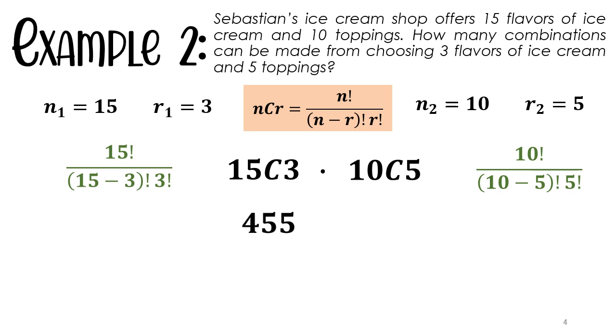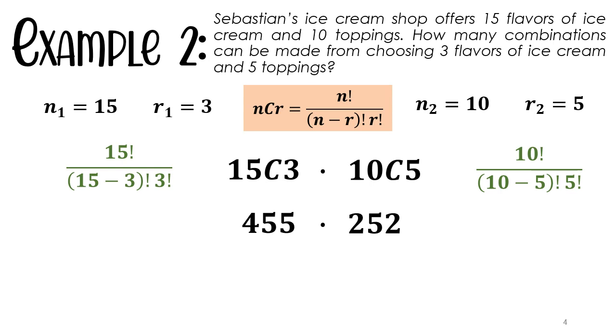For the first category, we have 455 possible outcomes, times, for the second category, 252 possible outcomes. So 15C3 is equal to 455 and 10C5 is equal to 252.